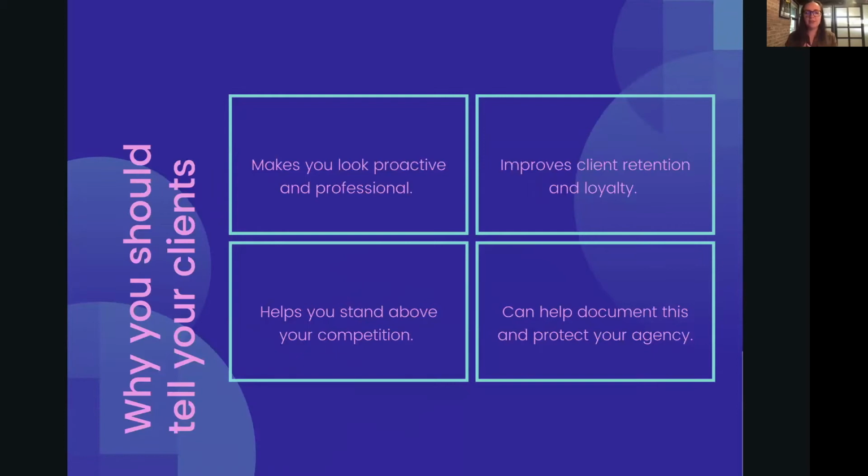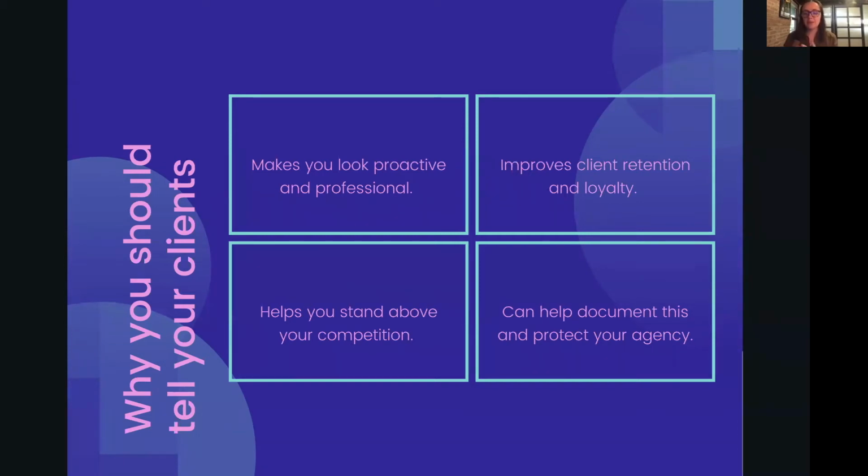But in terms of why I think that you should tell your clients about this, it can make you look proactive and professional. Privacy is definitely on the cutting edge of the web industry. It's been around for a few years, but it's definitely becoming more and more important as time goes on. And it's an industry trend that we're going towards.